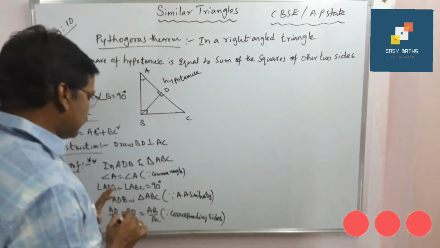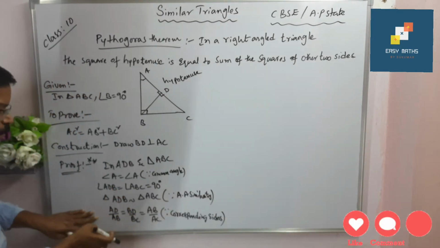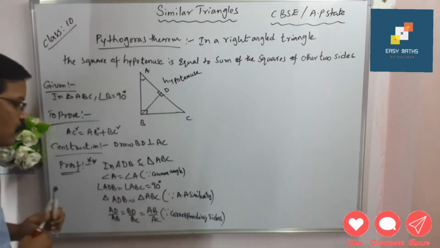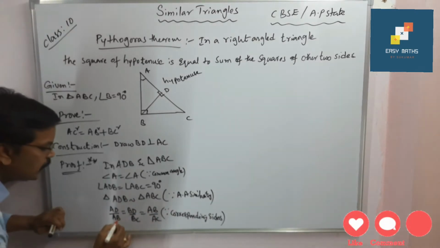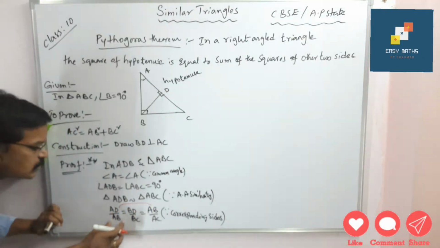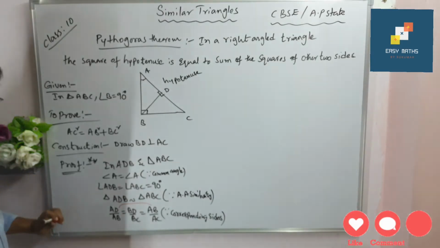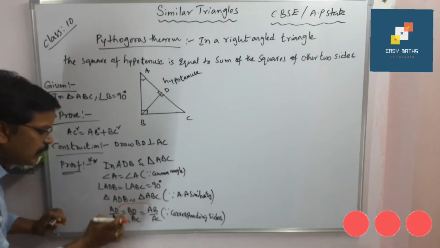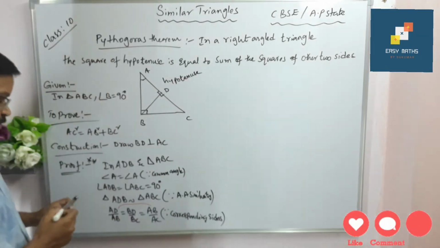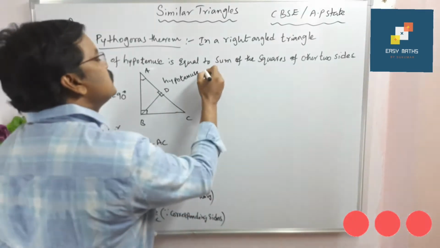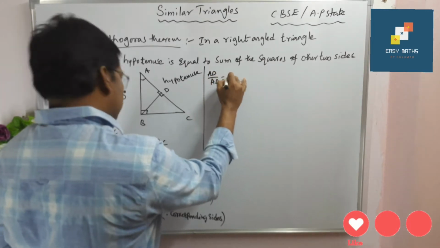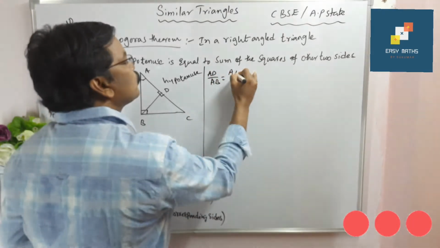So my dear students, here AD by AB is equal to BD by BC is equal to AB by AC. Now just observe, take AD by AB and AB by AC. Here it is AB, here also AB. Just ignore the middle one. Take AD by AB is equal to AB by AC.